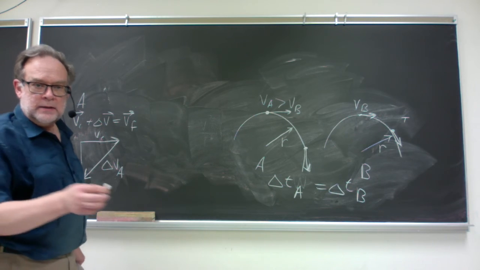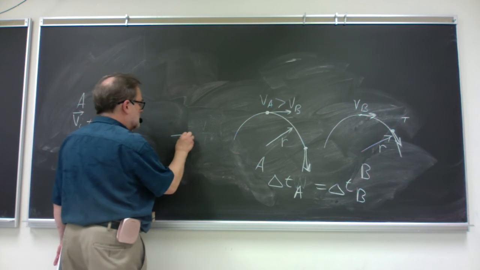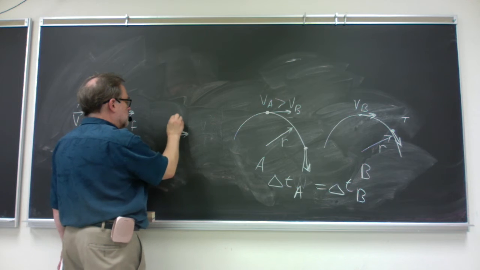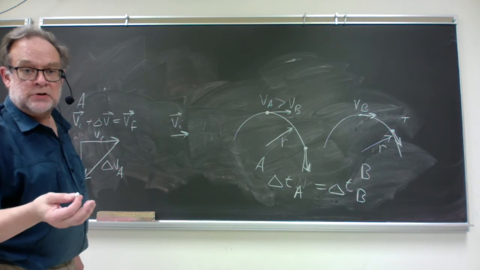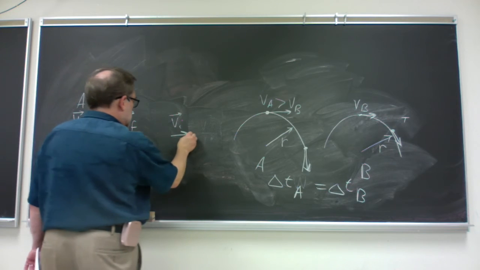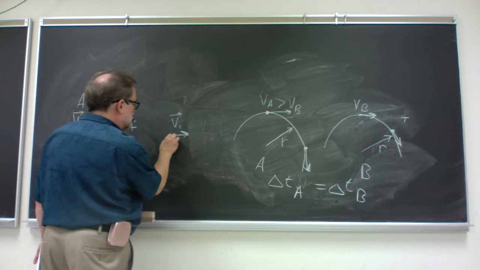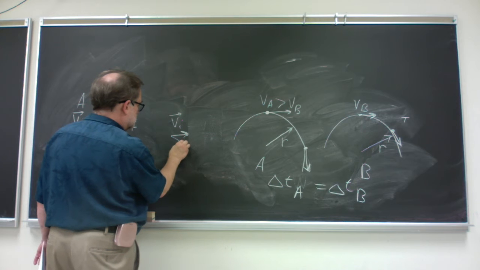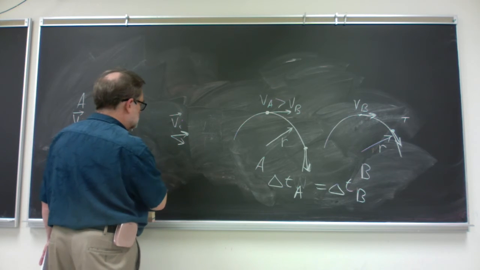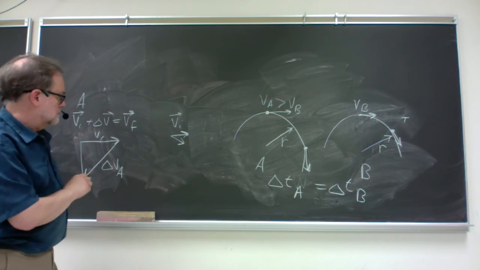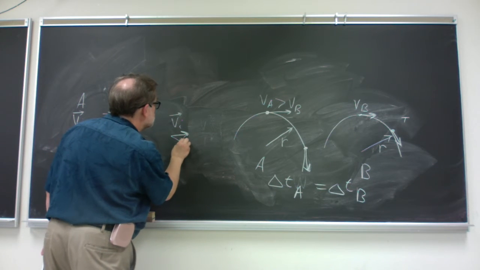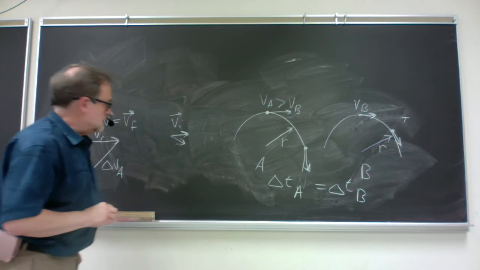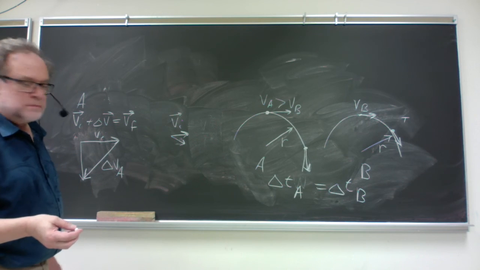Delta V for car B, let's think about that. Here's the initial velocity for B. Slower speed, but starts out in the same direction. And then here's the final velocity for B. Try to make them the same length because the speed doesn't change.